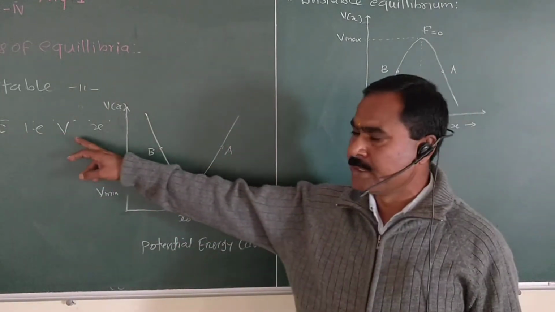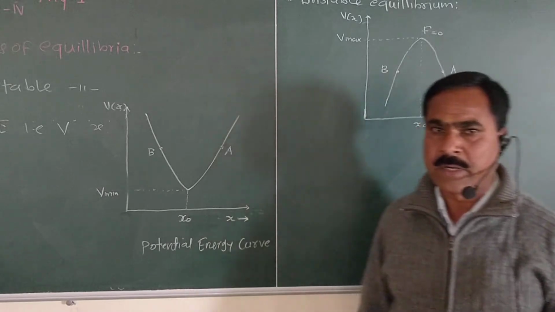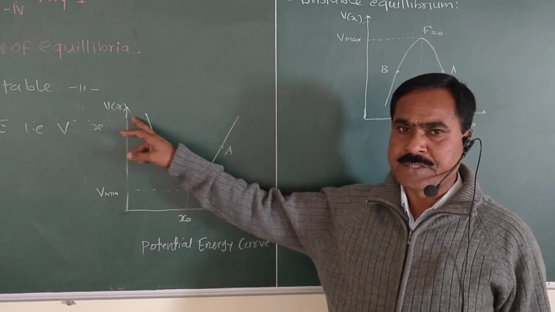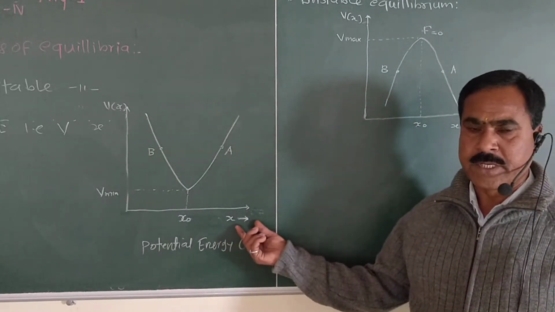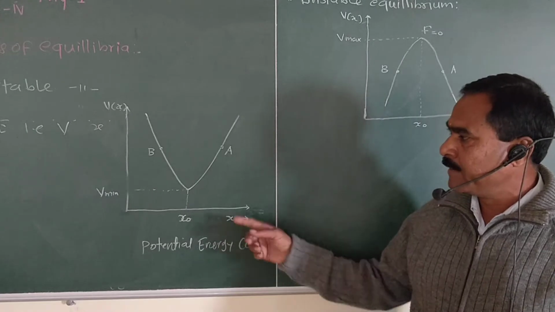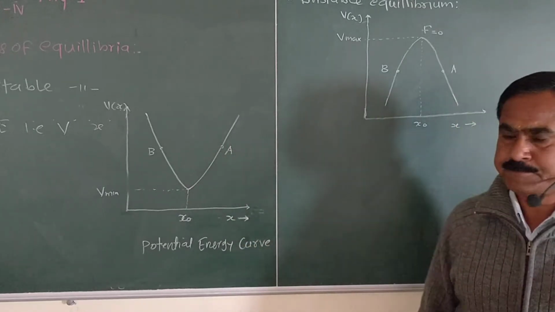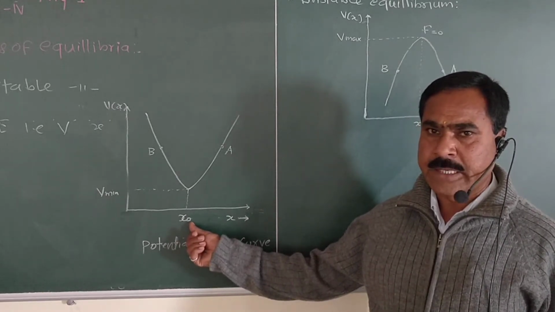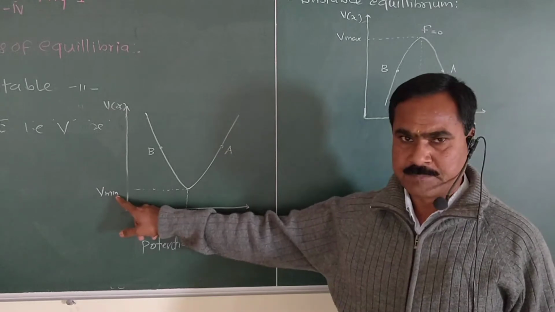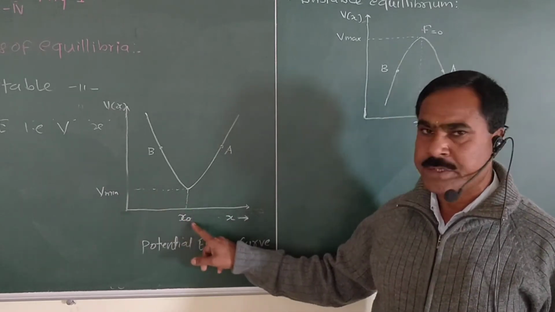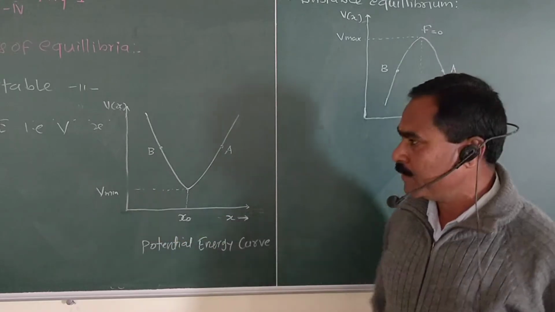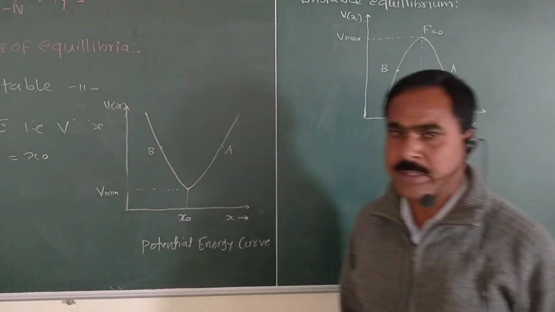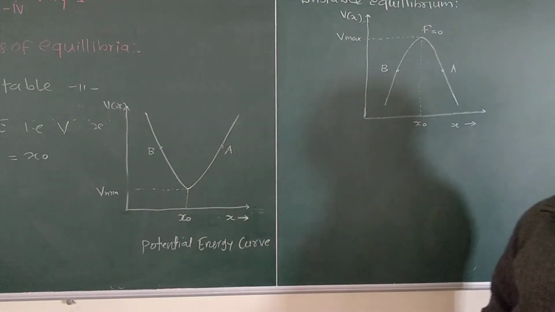So here we have plotted the graph of potential energy versus position x or distance x. Now the point x naught is the point at which potential energy is minimum.